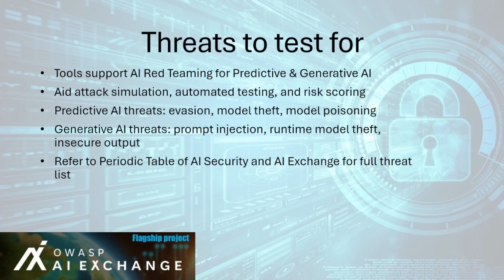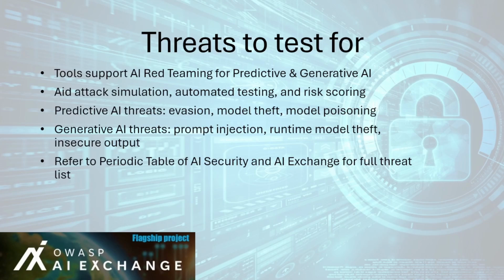Best practices are as follows. 1. Use the periodic table of AI security for comprehensive threat mapping. 2. Employ automated red teaming tools for efficiency and repeatability. 3. Align tests with AI paradigm type, such as predictive versus generative. 4. Include attack scenario design, execution, and risk validation phases.